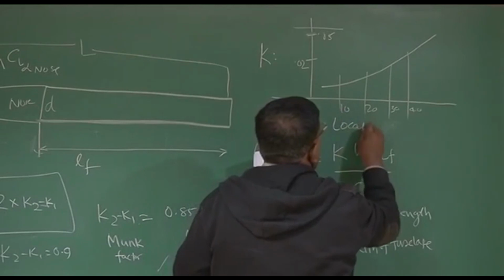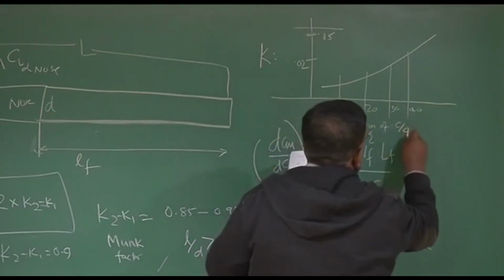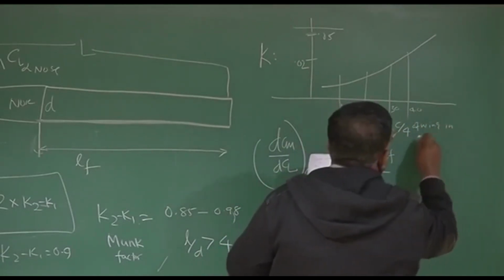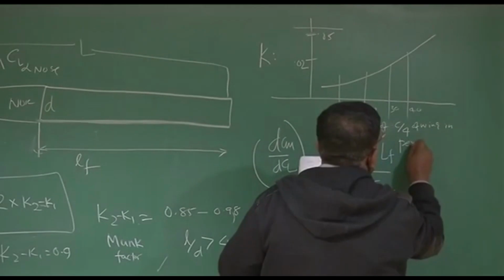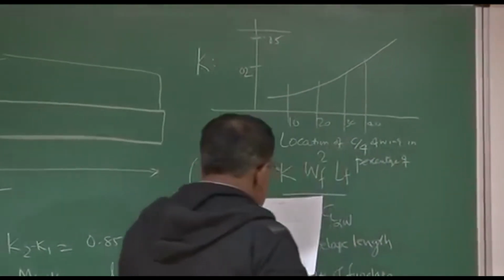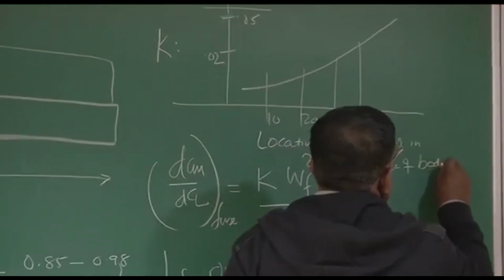Location of C by 4 of wing in percentage of fuselage length or body length, percentage of body length.